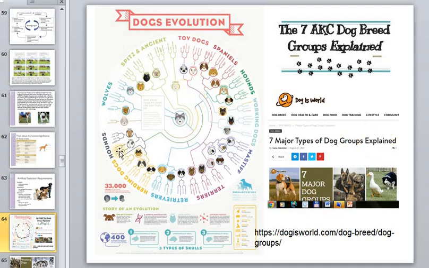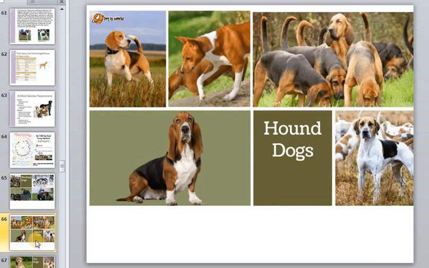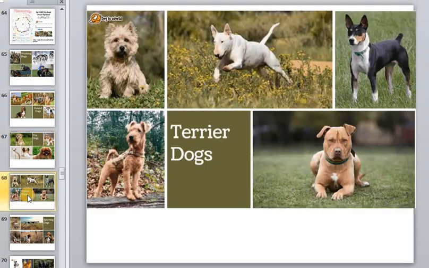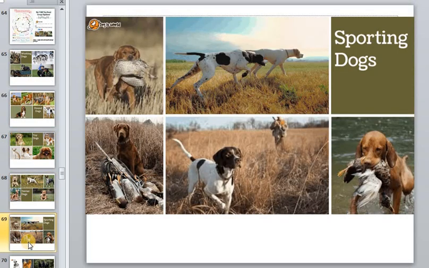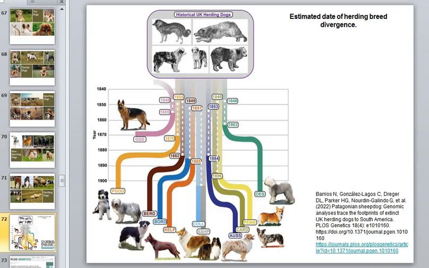Only 7 groups, and sometimes we have subgroups of these groups, but in general we have working dogs, hunting dogs, toy dogs, terrier dogs, sporting dogs, and non-sporting dogs, and in general we have only 200 years of work, and we have all this population of different breeds.